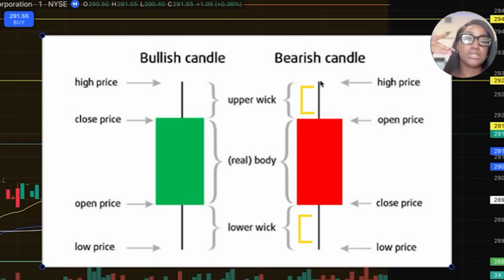The wick at the top tells us the highest that price went during that time period, and the low tells us the lowest that price went during that time period. Okay, so just simply put, my friends, the wicks at the top tell us highs, the wicks at the bottom tell us lows. Okay? Bullish opens at the bottom, closes at the top. Bearish opens at the top, closes at the bottom.